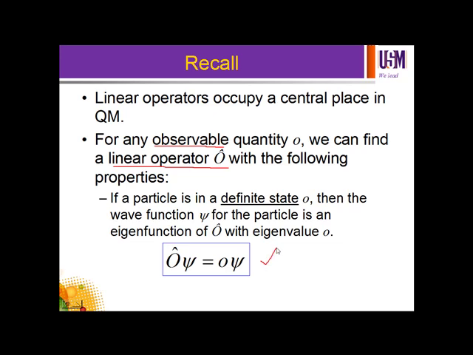The relationship is like this: you have capital O with the hat, that is the linear operator, multiplied by psi, the wave function, must be equal to a number, which is called the eigenvalue, multiplied by the wave function psi again. So there is a close relationship between the operator and the eigenvalue. The wave function psi is called the eigenfunction.